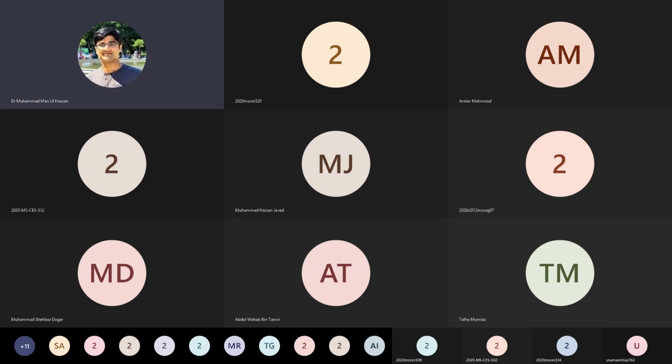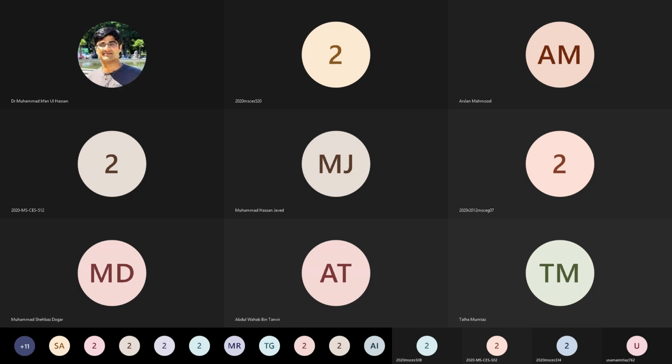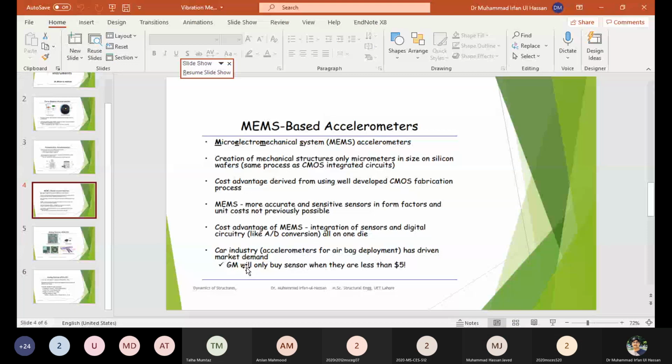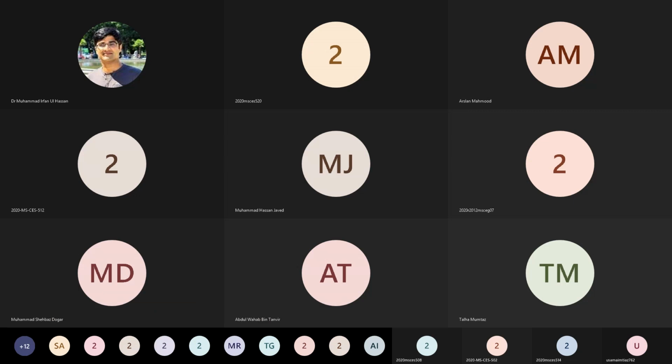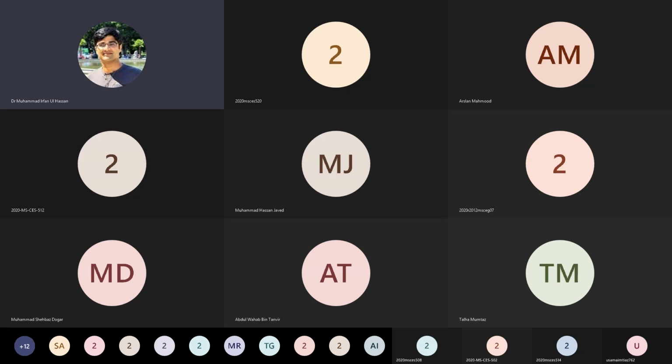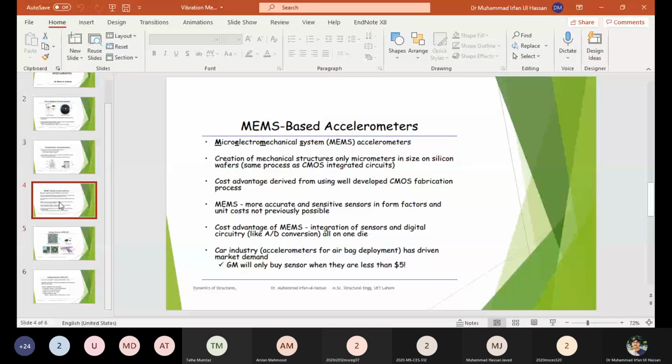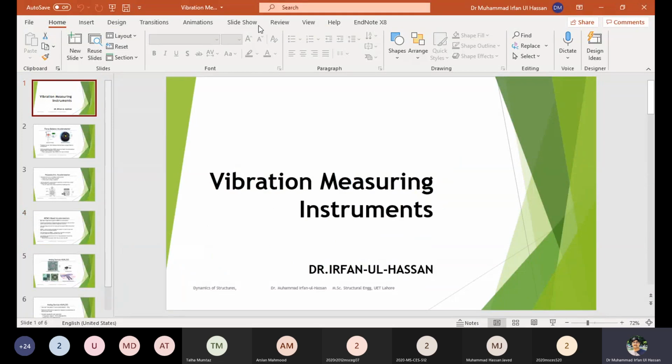Now based on that, the instruments which are developed are the vibration measuring instruments which are basically used.